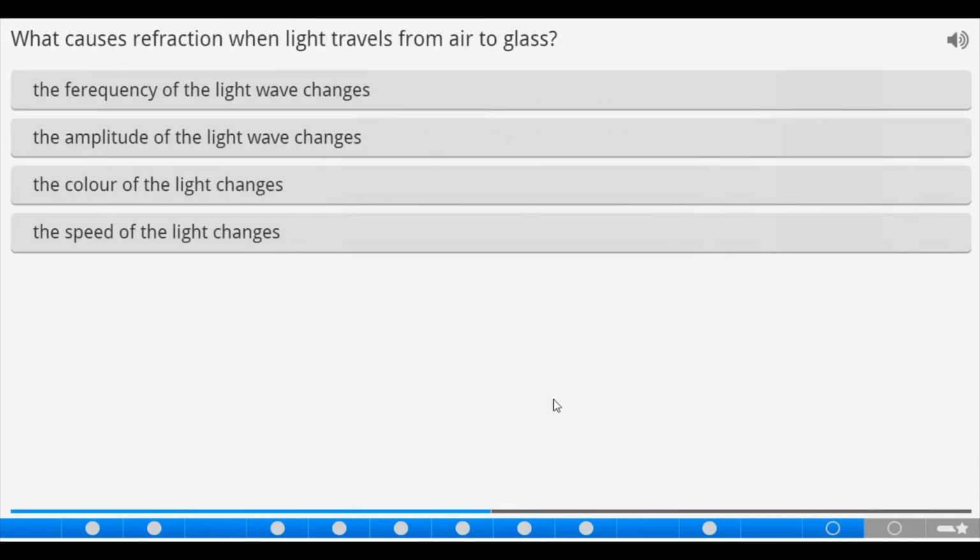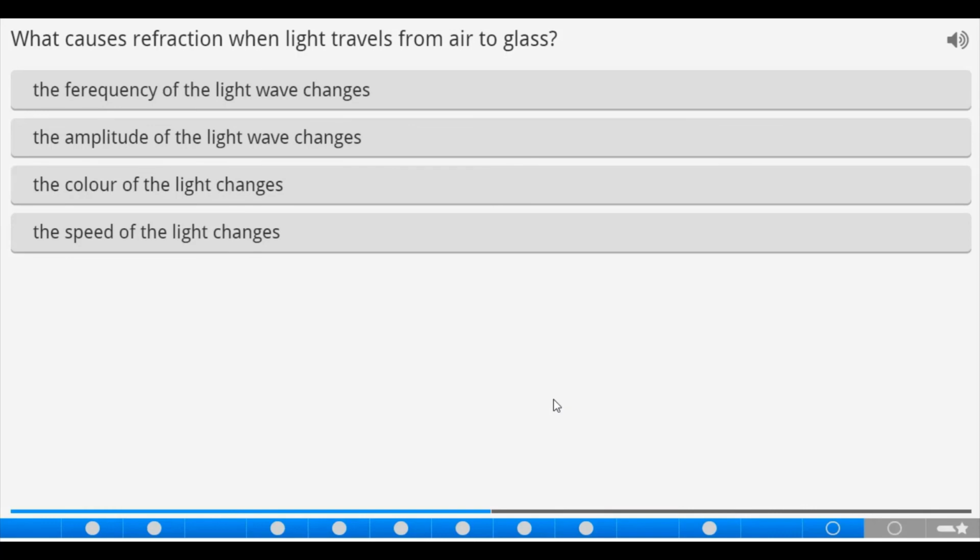Now, what causes refraction when light travels from air to glass? Option A, the frequency of the light wave changes. That's wrong. The amplitude of the light wave changes for option B. That is wrong. The color of the light changes. No, that is not acceptable. The speed of the light changes.